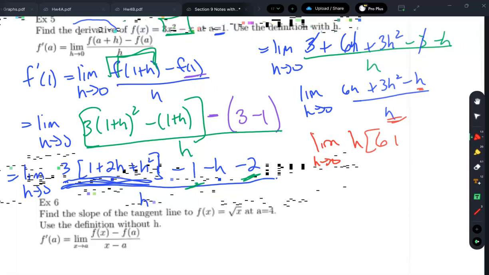So I'd have 6 plus 3h minus 1 all over h, then cancel. And then when you plug in h equals 0, that's when you don't write limit anymore, right? So I'd have 6 minus 1, which gives me a 5. So that's the derivative at x equals 1 of that function.